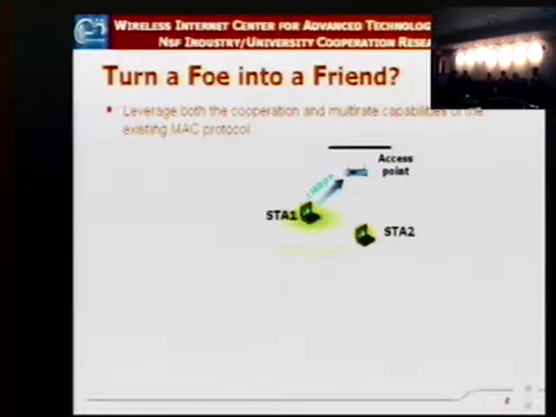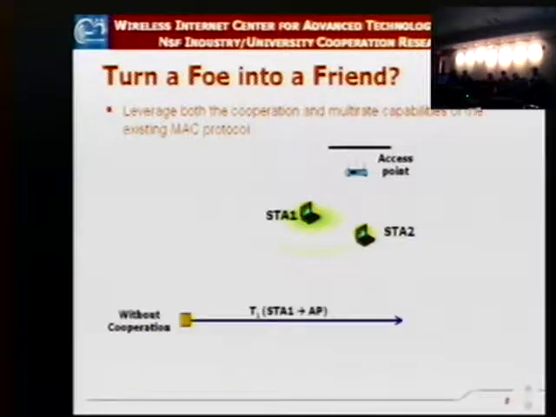Let's see a simple example. Station 1 is far away from the access point, so it experiences a bad channel, and it can transmit to the access point at 1 megabit per second. So when station 1 transmits, it needs the blue period of time in order to have a slow transmission at this rate.